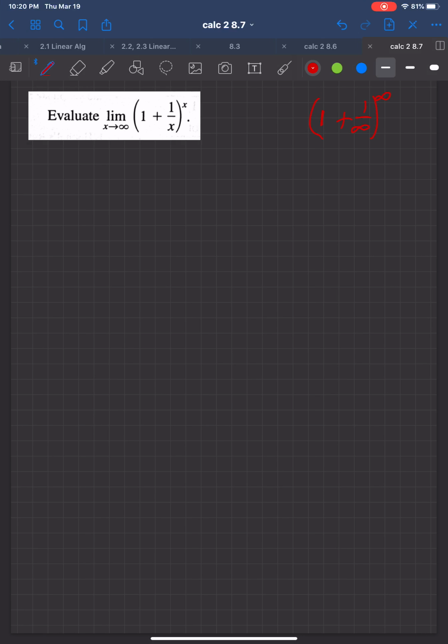So if you tried direct substitution, well, 1 over infinity zeroes out. You end up with 1 to the power of infinity, which, intuitively, 1 to the power of 2 is 1, 1 to the power of 3 is 1, 1 to the power of 4 is 1. But using infinity like this creates problems, right?